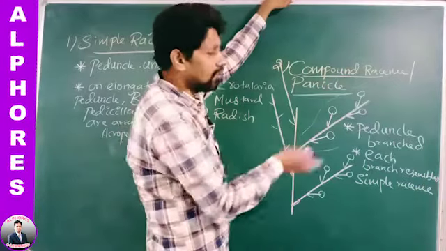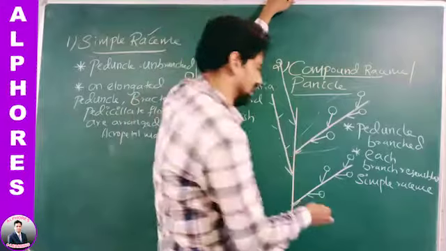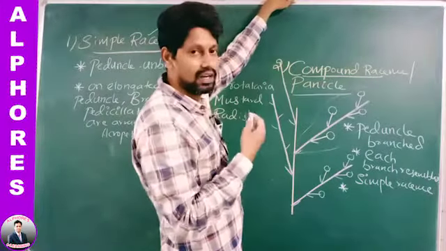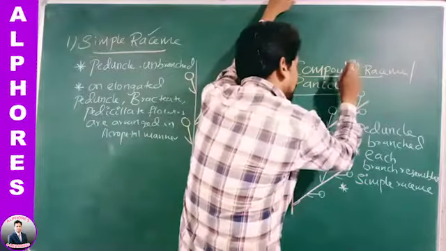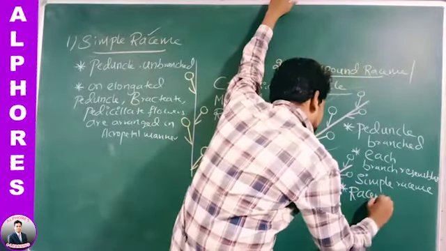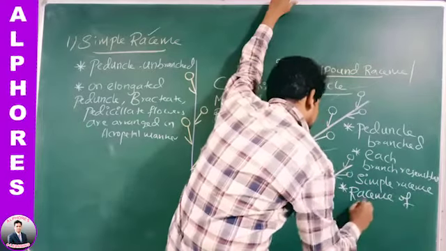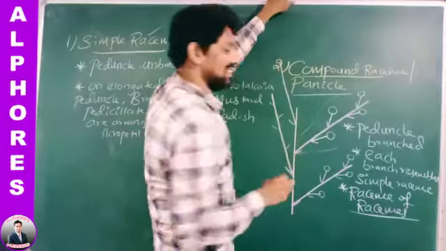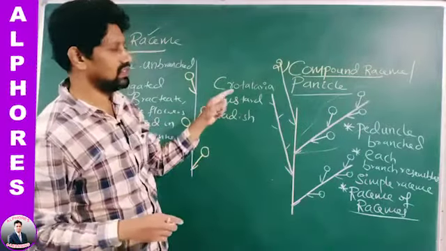Therefore, in compound raceme, many simple racemes are there. So, we are calling compound raceme a raceme of racemes.